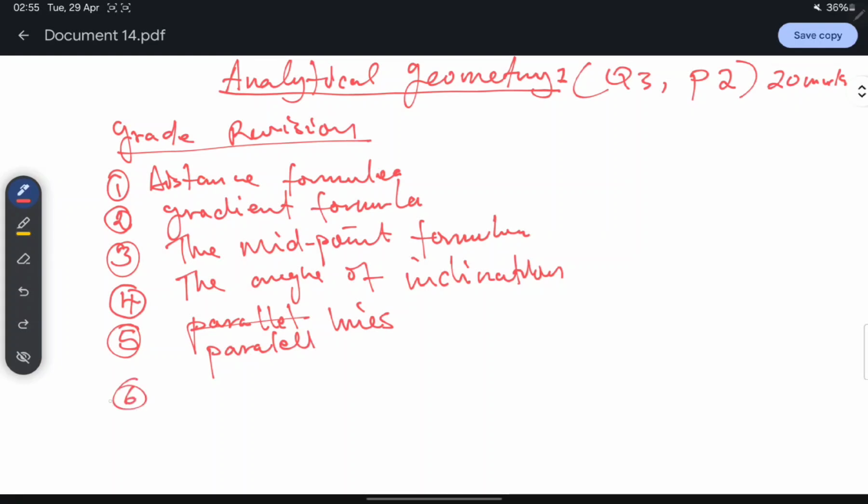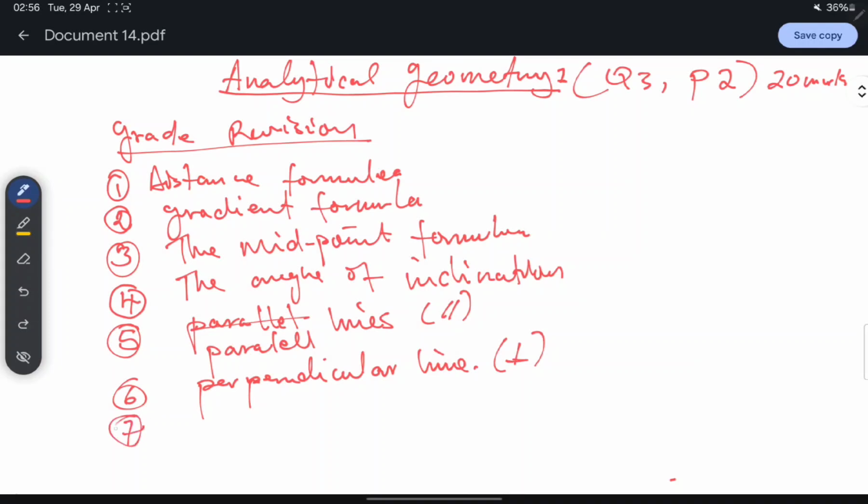Number 6, we're going to talk about perpendicular lines.